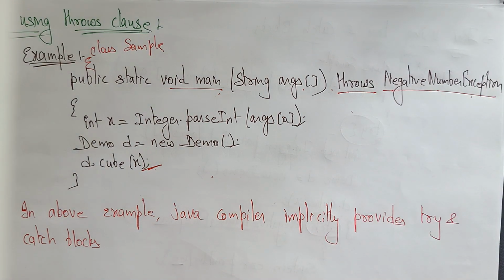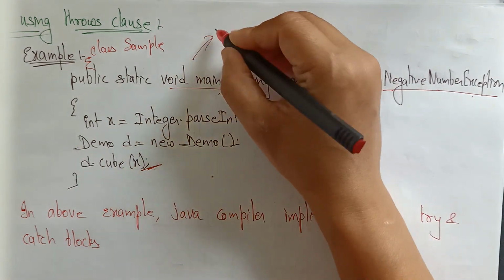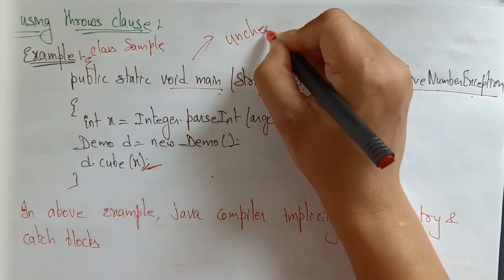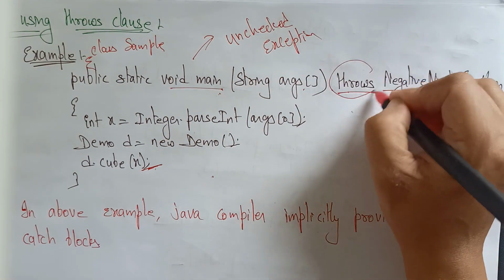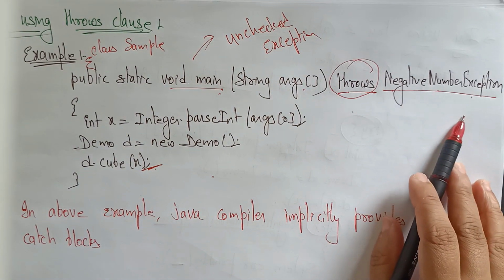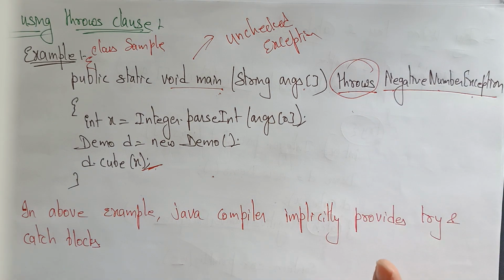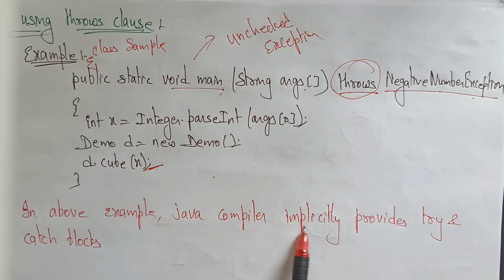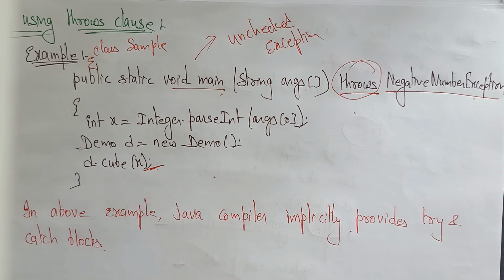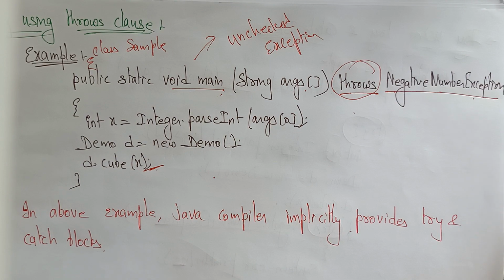Here I am not using try and catch blocks, only throws, because we are working with unchecked exceptions. For unchecked exceptions, you need not mention try and catch blocks; we simply work with throws and the controller throws the negative number exception. But in checked exceptions, we must use try and catch blocks. In this example, the Java compiler implicitly provides try and catch because these are unchecked exceptions.